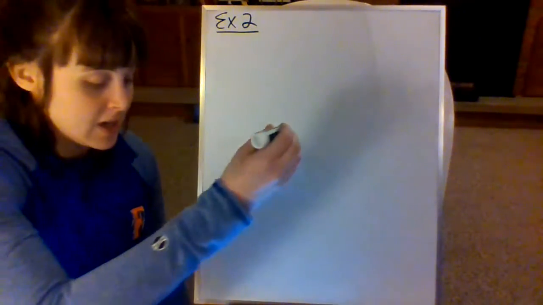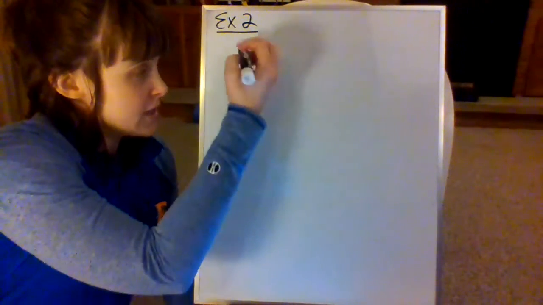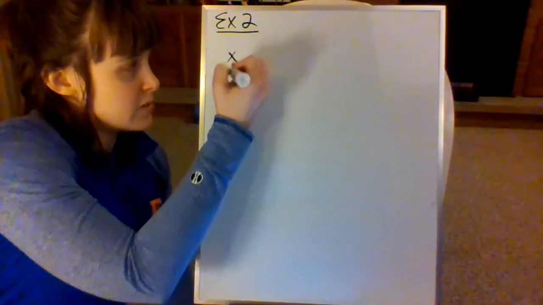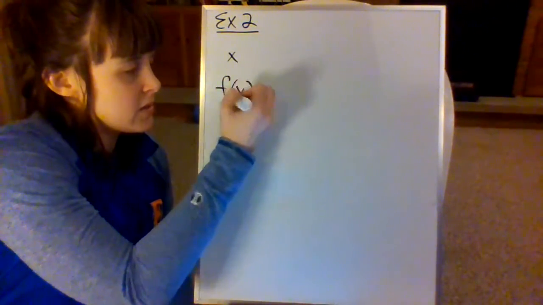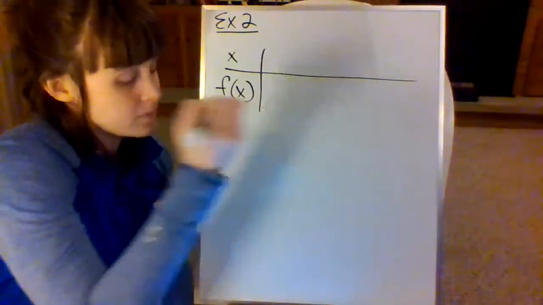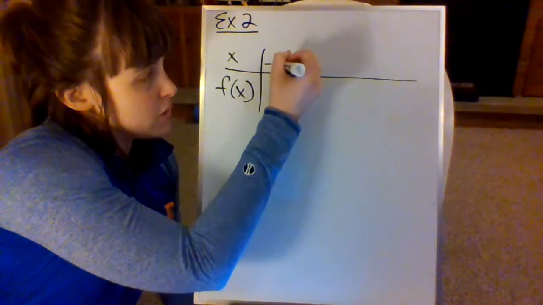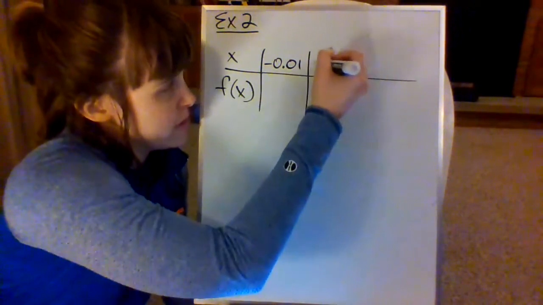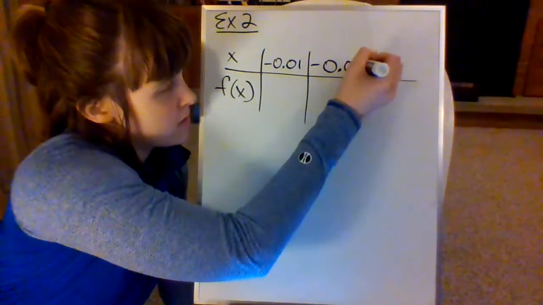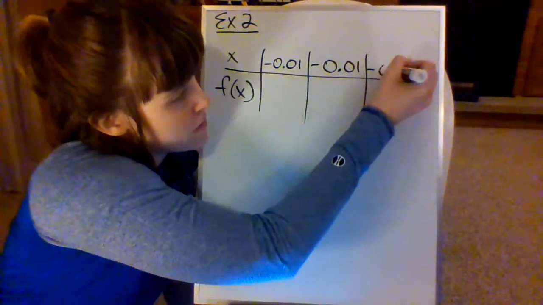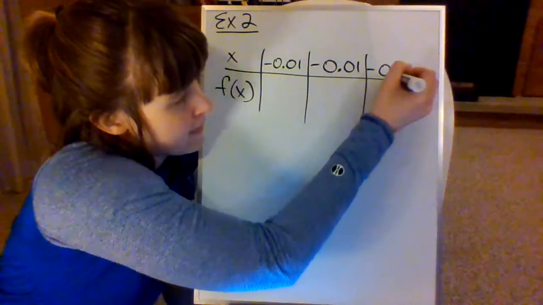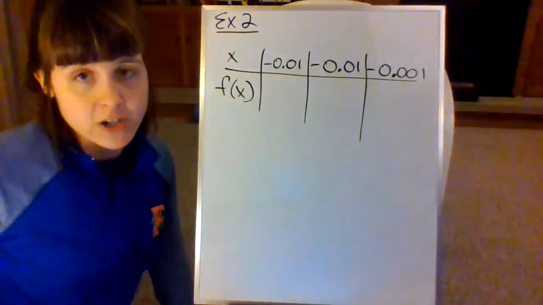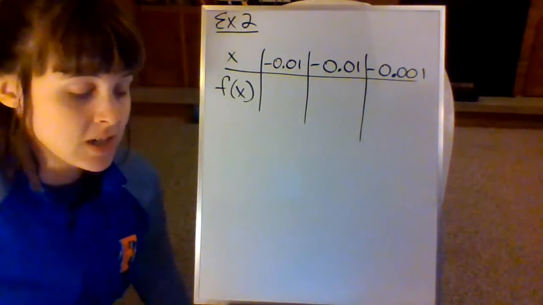Okay, so as you can see from your table, we have x and we have f of x. We're going to pick some test points on either side of 0. All of these are to the left of 0.